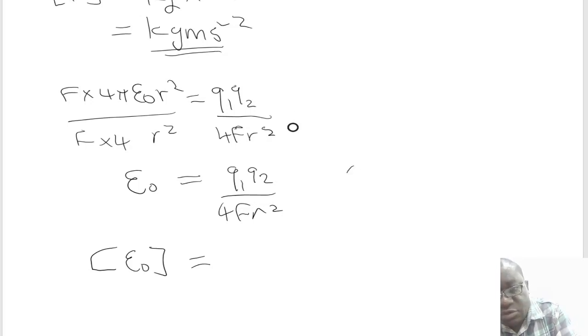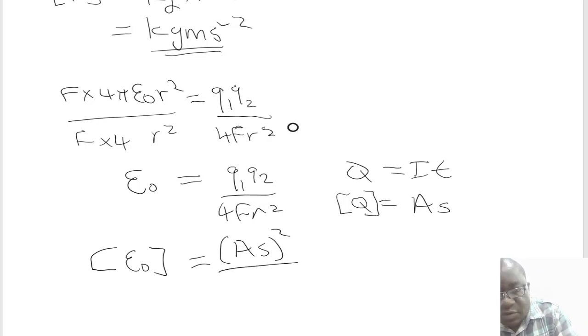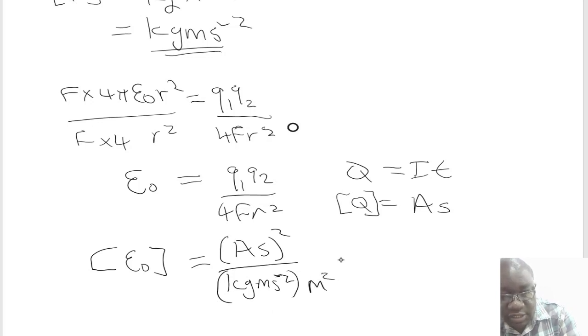Charge is equal to I times t, and so the units of charge are equal to ampere seconds. So we have ampere seconds all squared, divided by the units of force, which is kg m s to the minus 2, times r squared, which is just m squared.